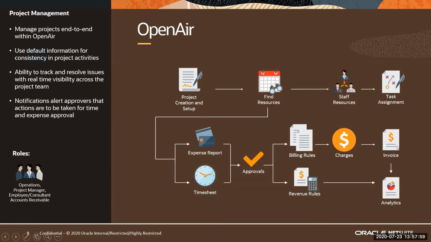And then again, being able to reduce that invoice inaccuracy to where it automatically generates that invoice for your customer, and ultimately being able to perform the analysis against your projects and see, were we profitable on this project?